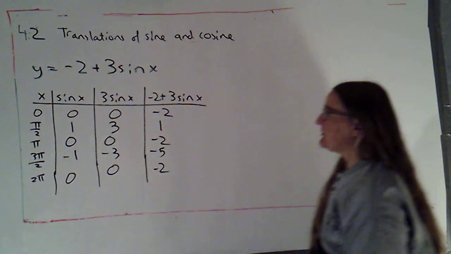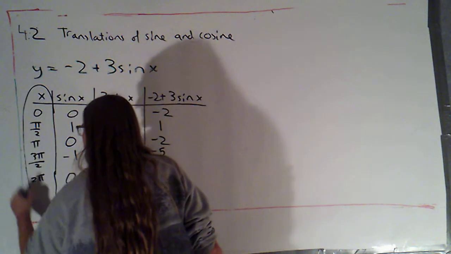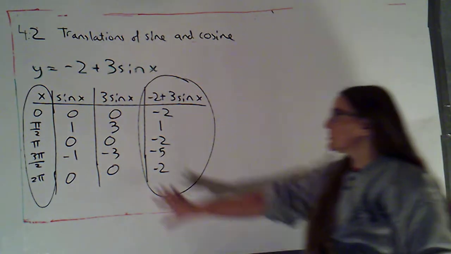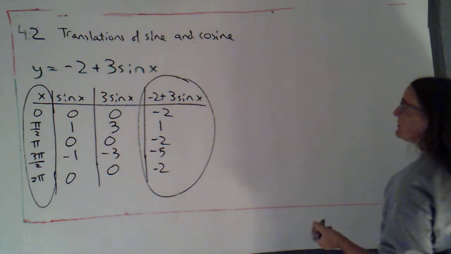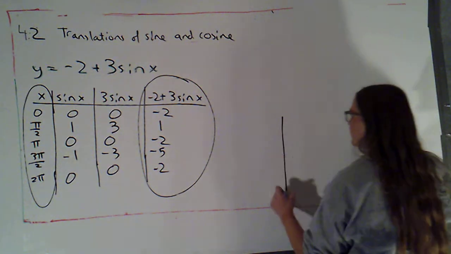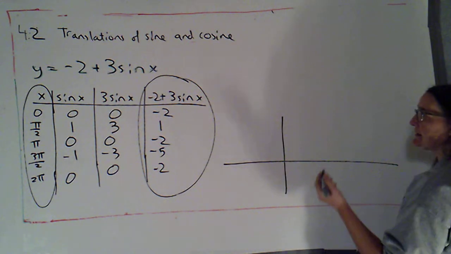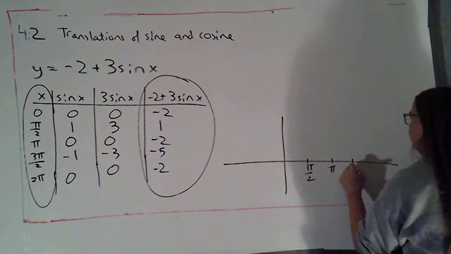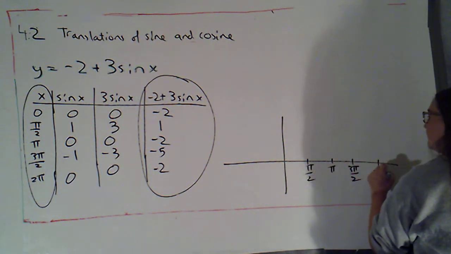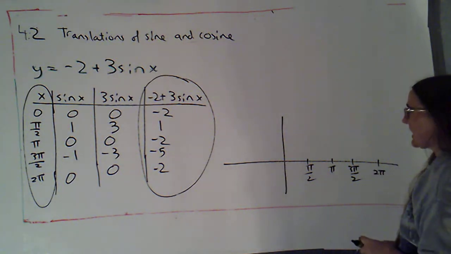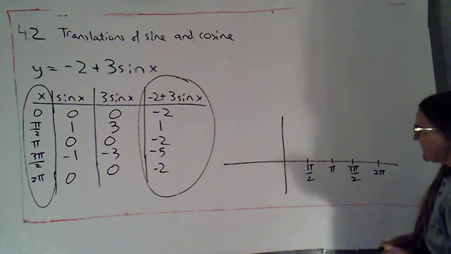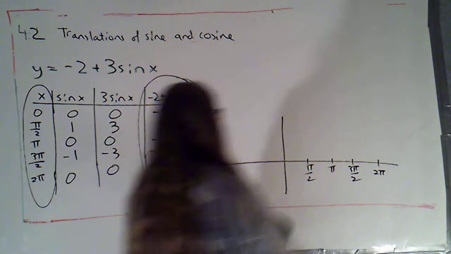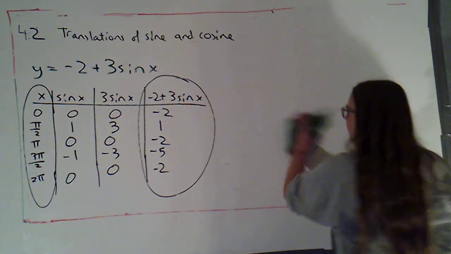So I've got my table of values. And if I'm going to graph this, I'm just graphing my x values, and then this formula gives me my y values. These were just intermediate steps. Okay, so I'm going to mark up my quadrantal angles. And it looks like the values that I care about are all negative, so actually I maybe wanted to draw this a little higher up so that I have some more room here on the board.